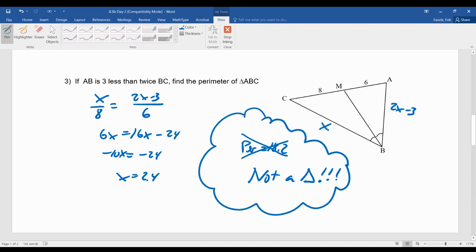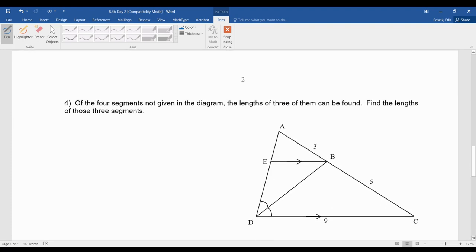Because if you take 2.4 and put that in here, and you have 2 times 2.4, what's that, 4.8? 4.8 minus 3, it's going to be 1.8. You see, you can't make a triangle with lengths of 14, 2.4, and 1.8. That's just not possible because the two short sides have to add up to more than the longest side. Talked about that before.